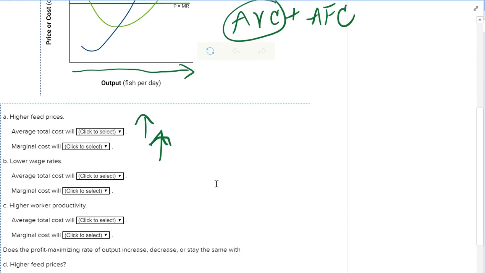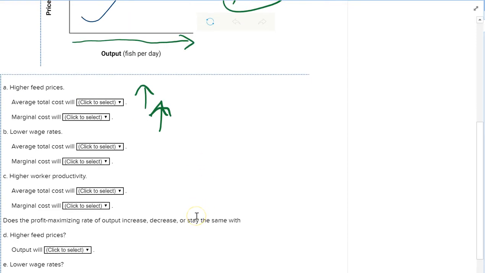My total cost will go down, my marginal cost will go down. Higher worker productivity, that's going to lower my total cost because I'm getting more out of the workers I have. Therefore, my average total cost, which is just my per unit total cost, will go down. Marginal costs will also decrease.